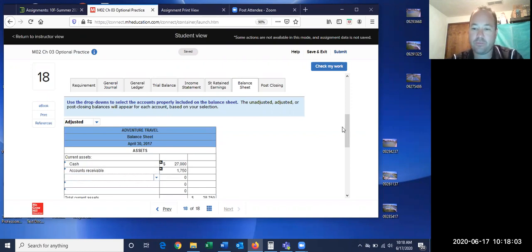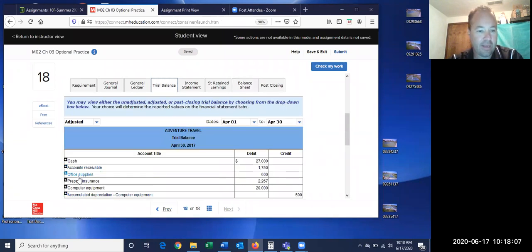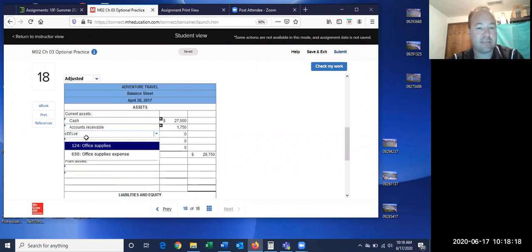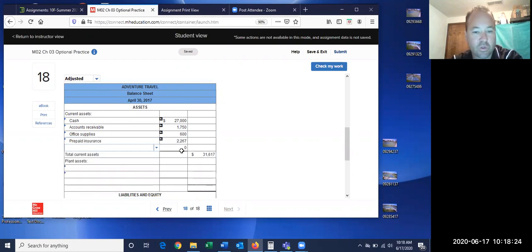Accounts receivable. And then we had office supplies and prepaid insurance. So that's our total current assets.